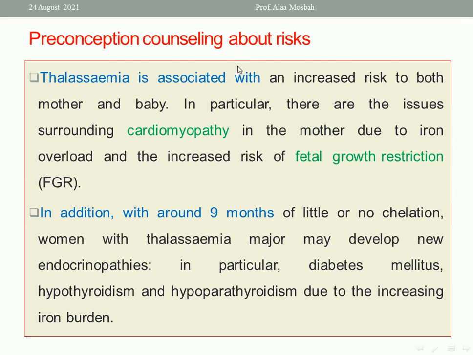So you should counsel the patient about this, and you should correct any iron load before planning for pregnancy by using chelating agents. This is very important to be done before planning to be pregnant.